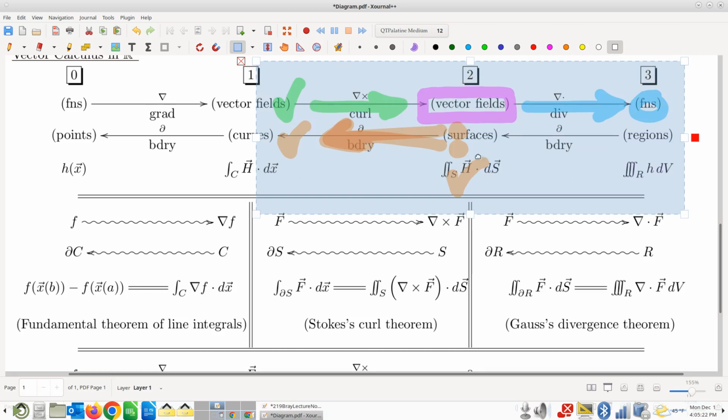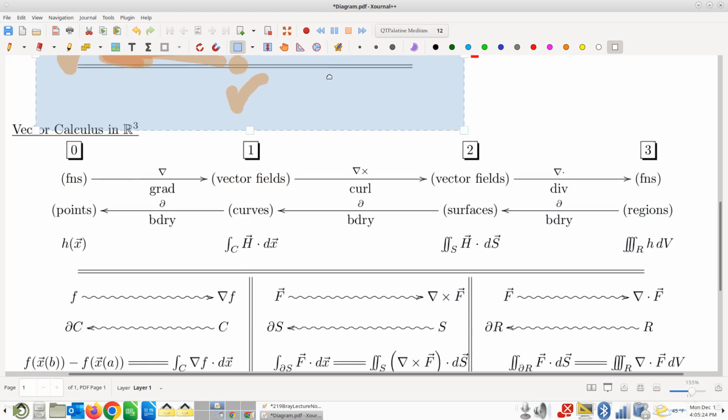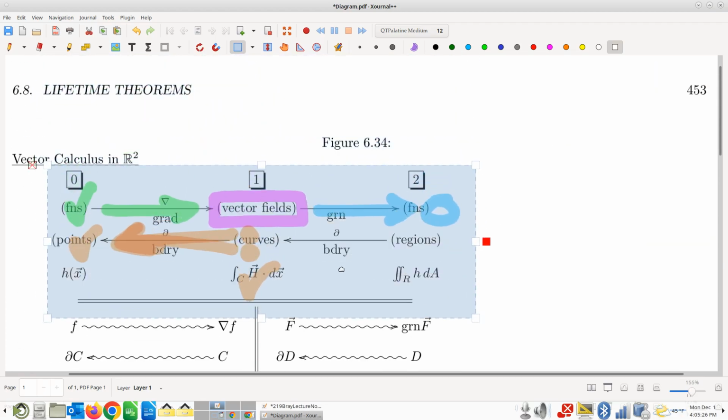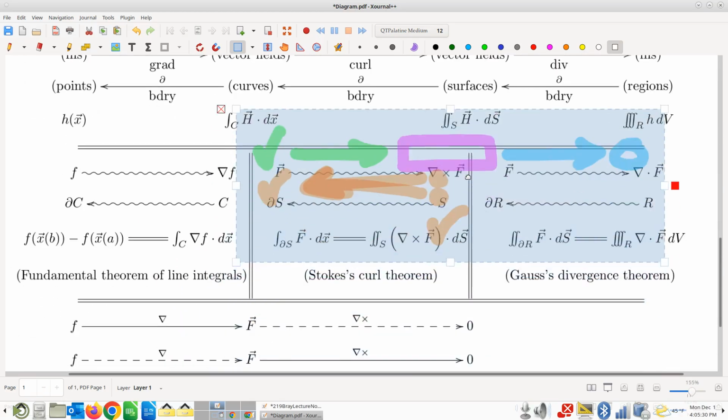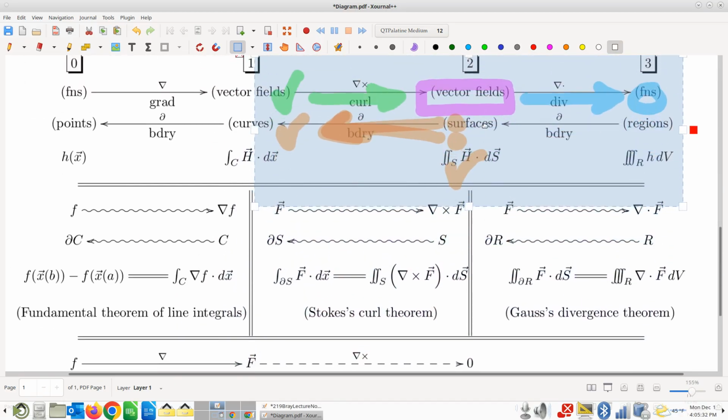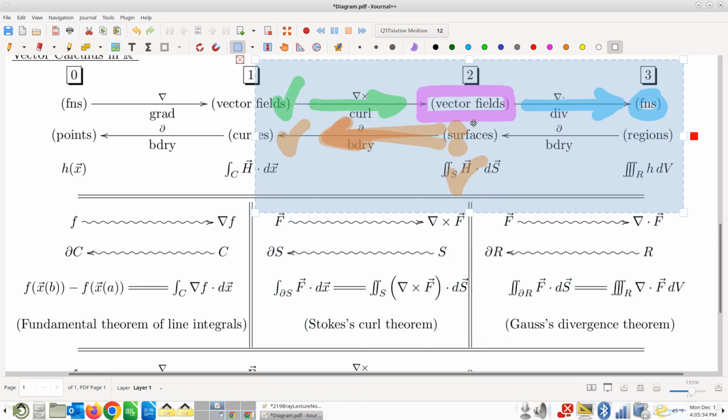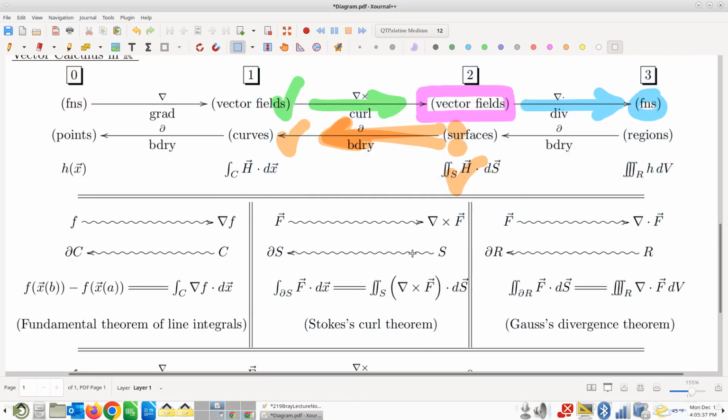So here, or here in the two-dimensional case. This is a very powerful, very convenient way to think of all these different ideas. And again, you don't have to memorize 3 times as many facts. You just remember one little pattern, and it applies wherever you might happen to need it.